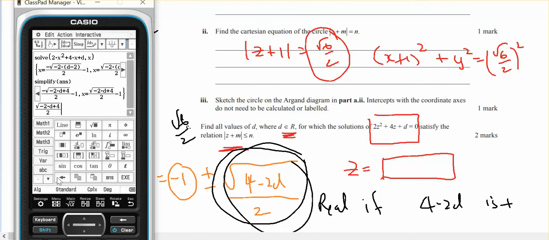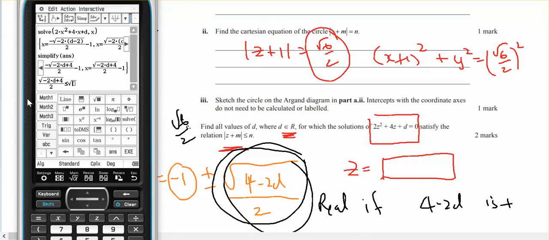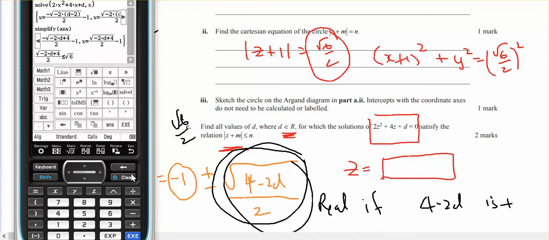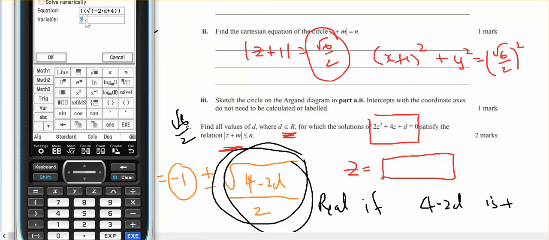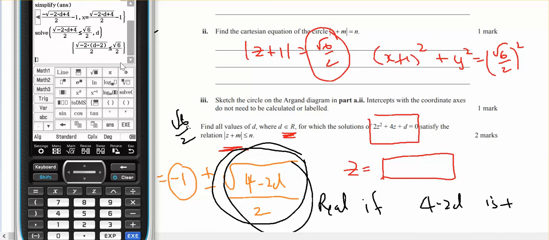So if I say that that has to be less than or equal to √6 divided by 2, solve for D. Make it equal to it and see what happens.